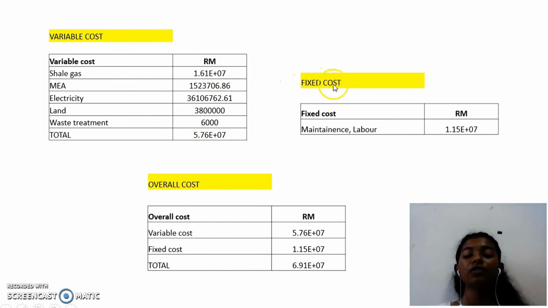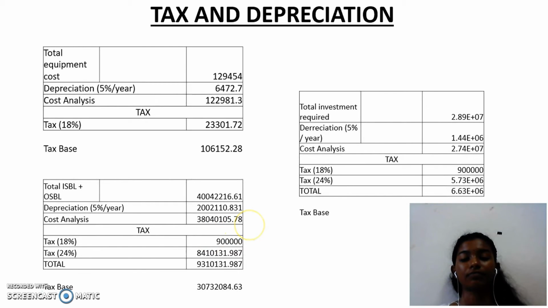And then the fixed cost is the cost that is fixed, which is the maintenance, where we have to maintain the units so that they are functioning, the flow would be correct. And then the labor for the workers, this is the price. And the overall cost is the sum of variable costs and fixed costs.